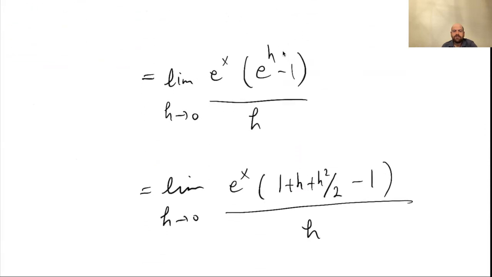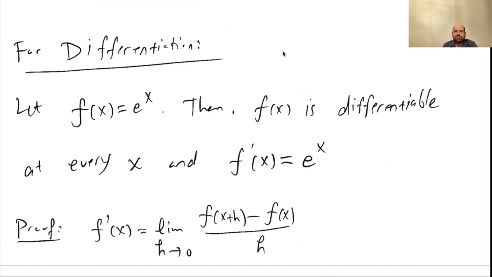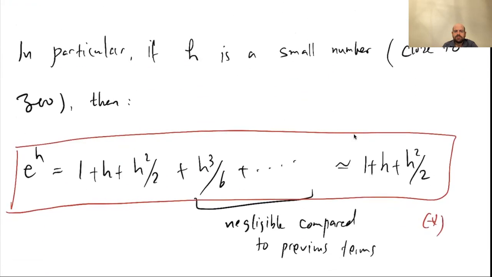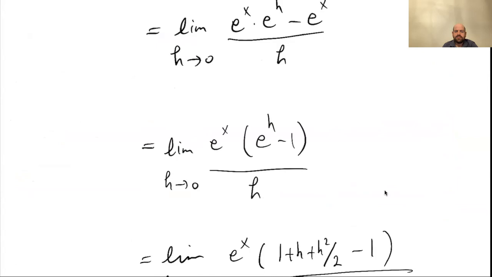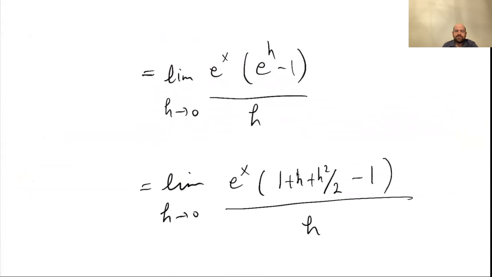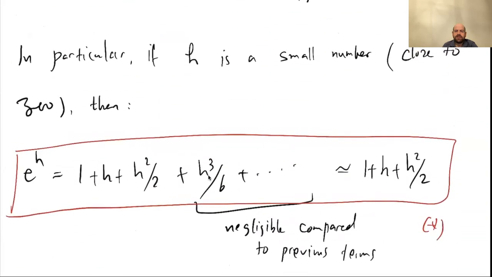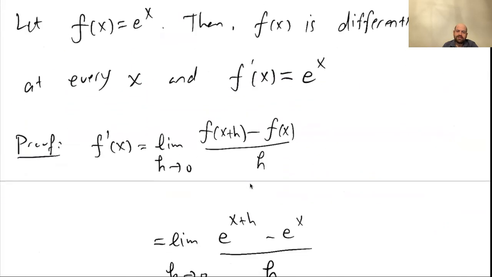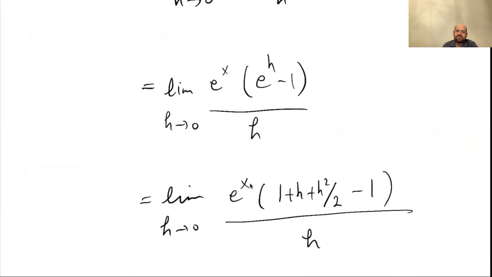Yeah, here I used the expansion for e to the h, which is this function here. Here I replaced it here. But another technical thing is that here I have equality, but here I have estimation. But because h approaches 0, it can be shown that the rest of the terms, when you take the limits, the limit of those will also be 0.